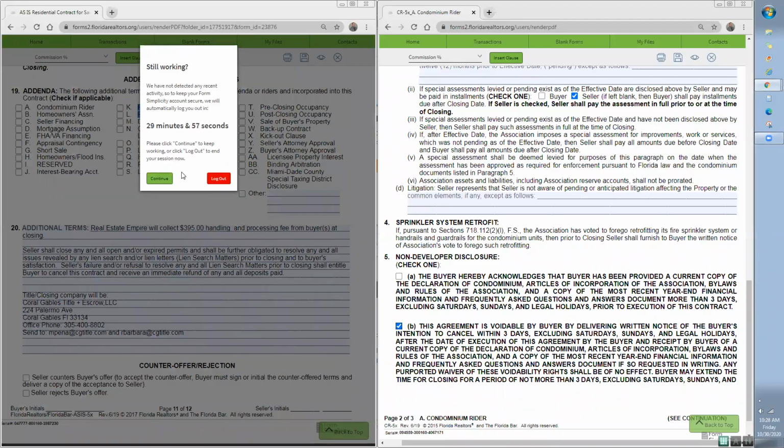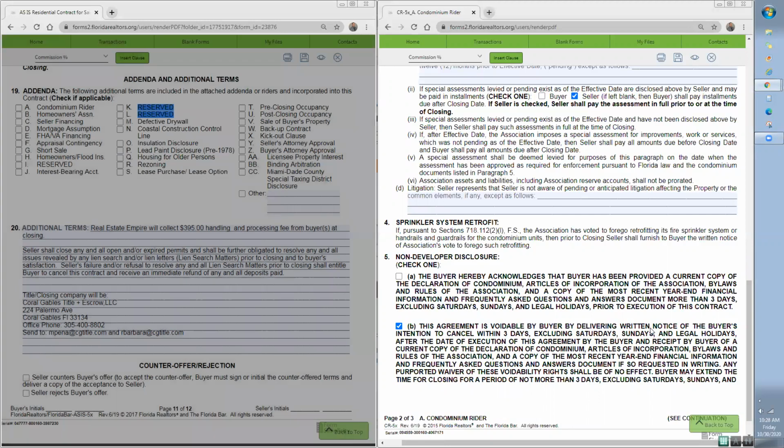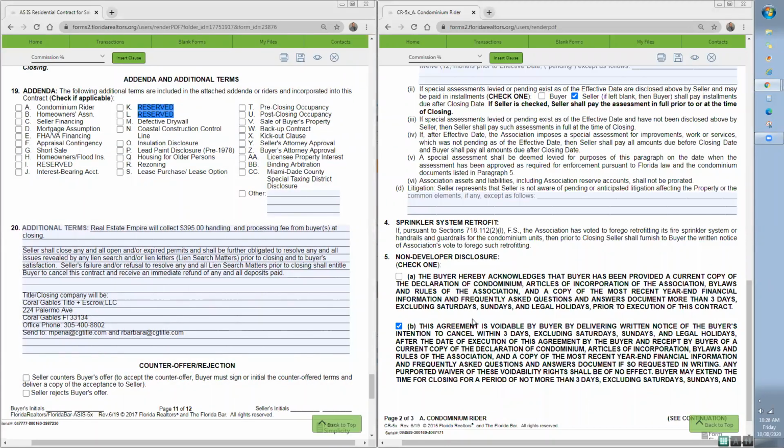And then once the buyer has that information, they have 3 days to decide if they want to continue with the purchase or not. So this is another sort of right to cancel for your buyer. If everything is okay and they're happy with everything after those 3 days, they cannot cancel because of the association.